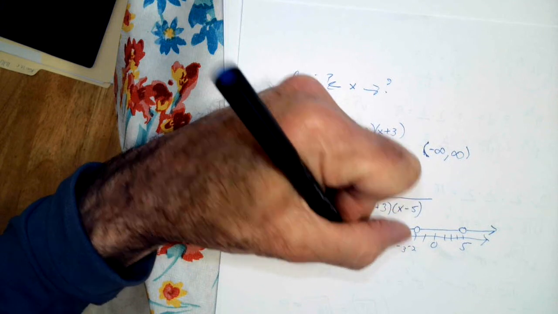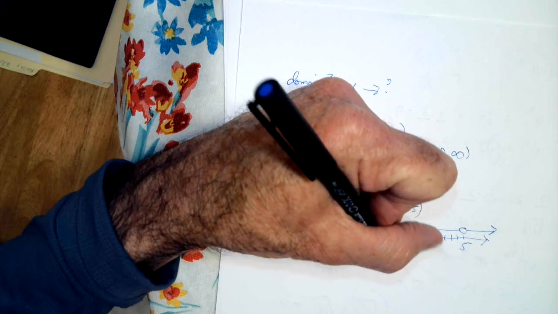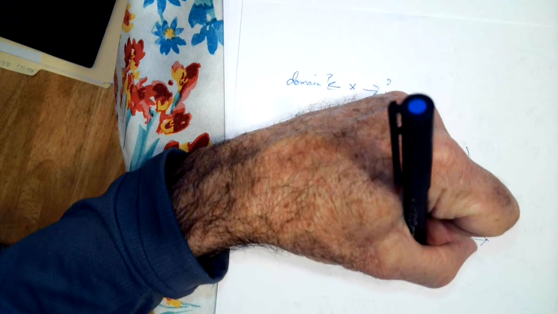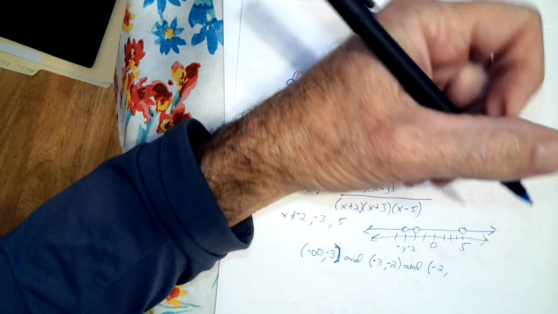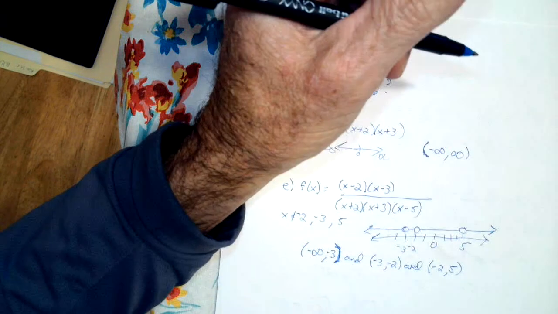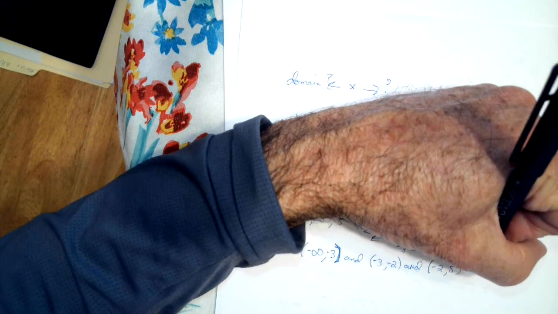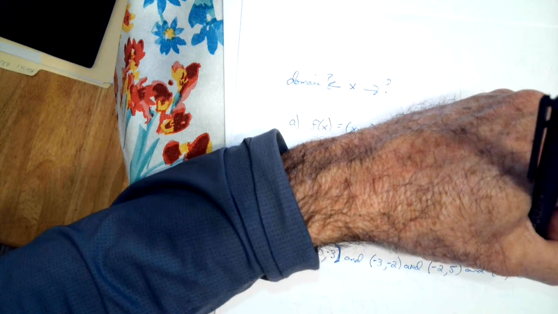And I also have from negative 3 to negative 2. Those are okay. And I have from negative 2 to 5. Those are fine, but I don't include negative 2 or 5. And then I have everything from 5 to infinity.